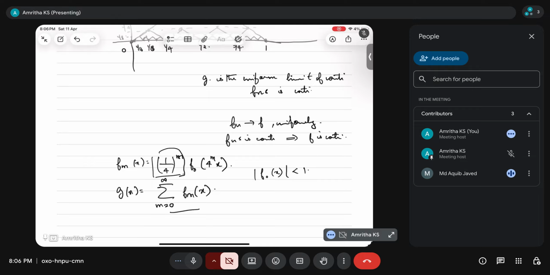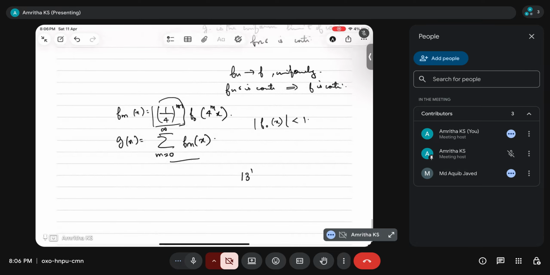Let me check my calendar. Yes, the 13th.